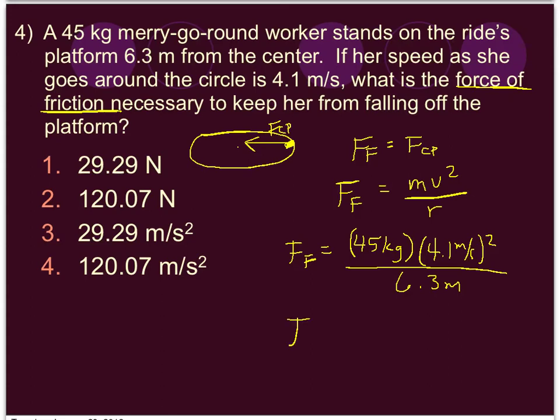Plug and chug this into your calculator, and you end up getting a force of friction equal to 120.07. And the units: kilogram times meters per second, and those units squared. One of the meters is going to cancel out, so kilogram times meter per second squared is going to give us a Newton.